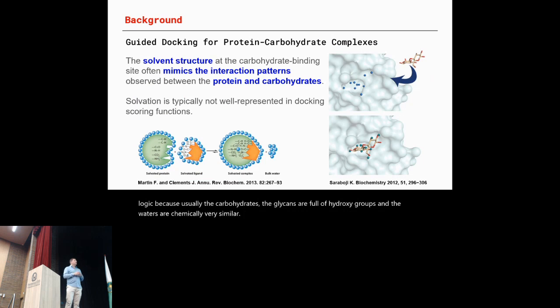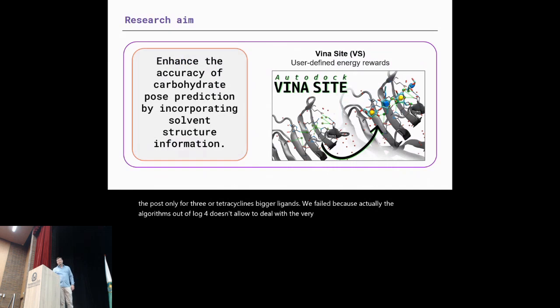So we introduced this energy reward for the position of the waters in the carbohydrate binding site, and we improved the prediction. But this allowed us to improve the prediction of the pose only for tri- or tetrasaccharides. Bigger ligands we failed because the algorithm, AutoDock 4, doesn't allow dealing with very complex molecules.